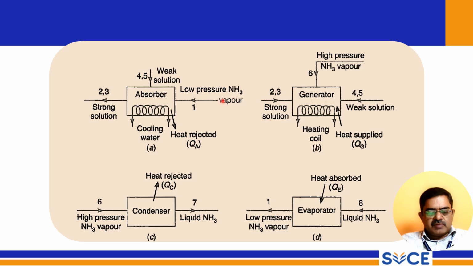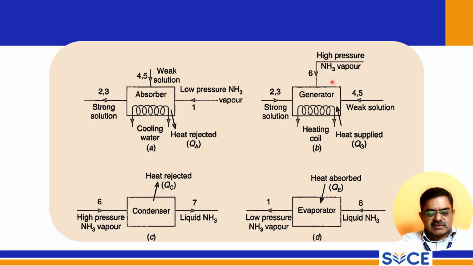And now the vapor is the input and strong solution is the output from the absorber, and now that becomes the input to the generator, strong solution. So 2, 3, and now you have this 4, 5, that is the weak solution to the generator, and the NH3 vapor at high pressure from the generator.